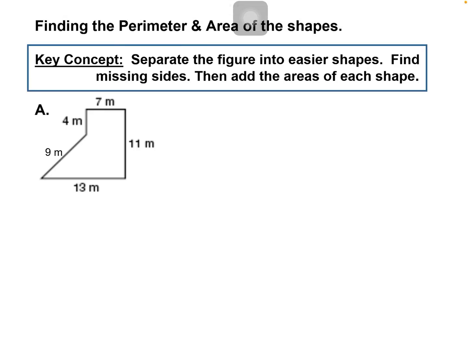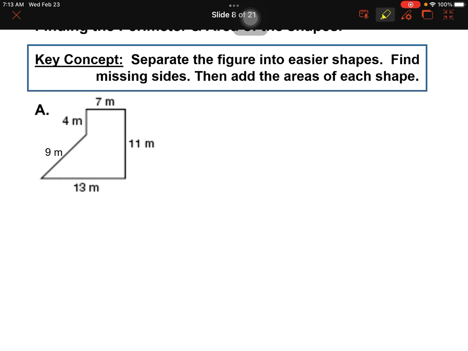As we go through, this first question says to find the perimeter first. Perimeter is the distance around. This one is pretty straightforward. Sometimes it's a little bit harder, but I'm going to go 13, then 11, then 7, then 4, and then 9. So I have to add up all of the sides.